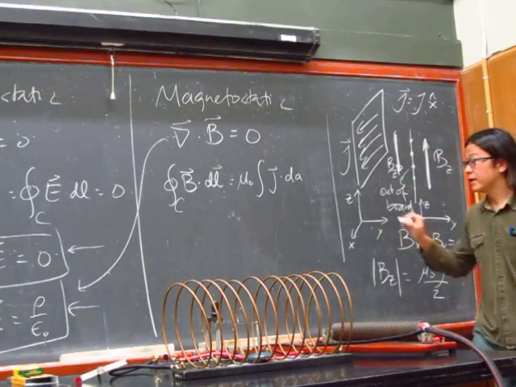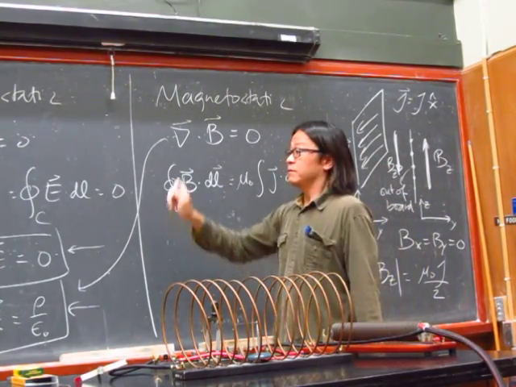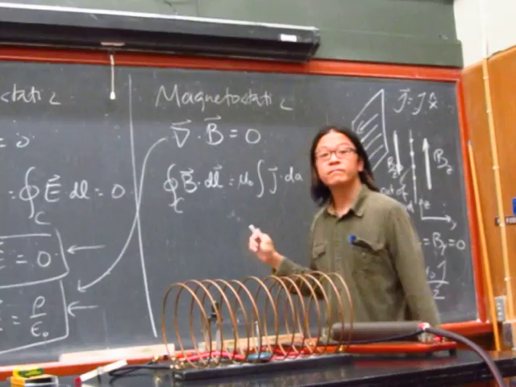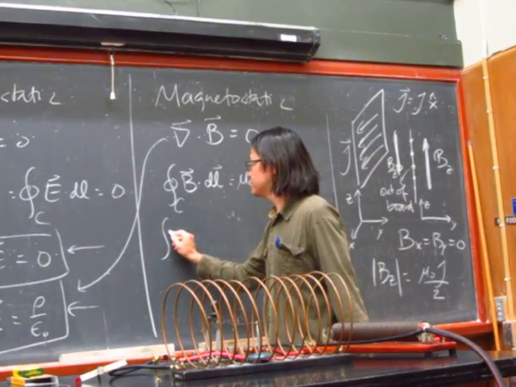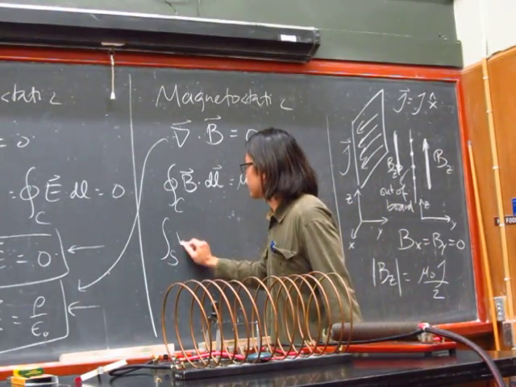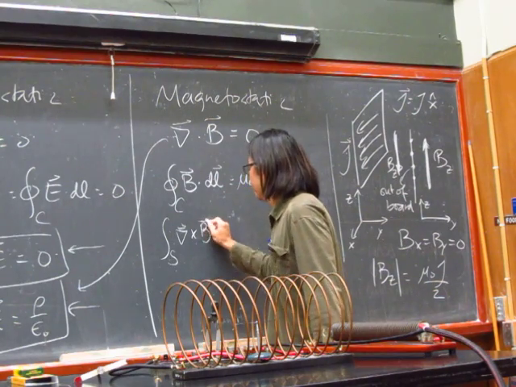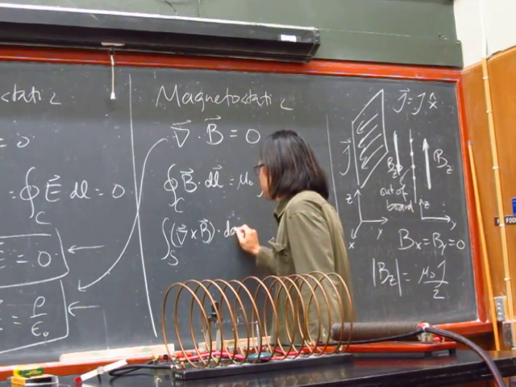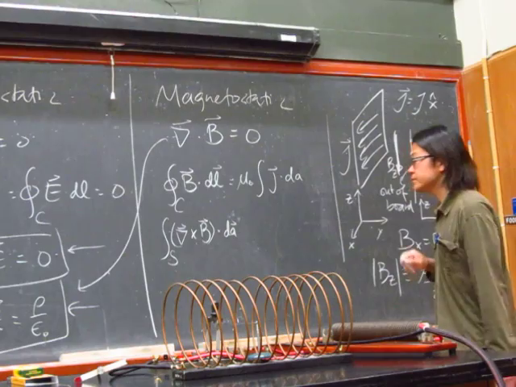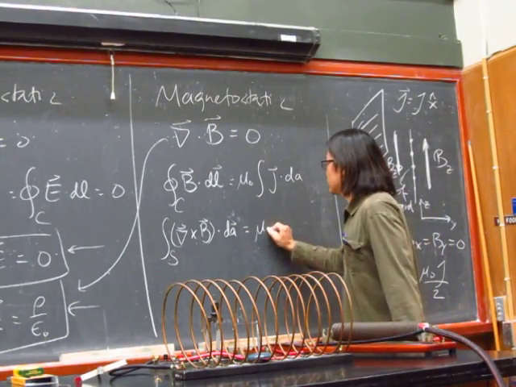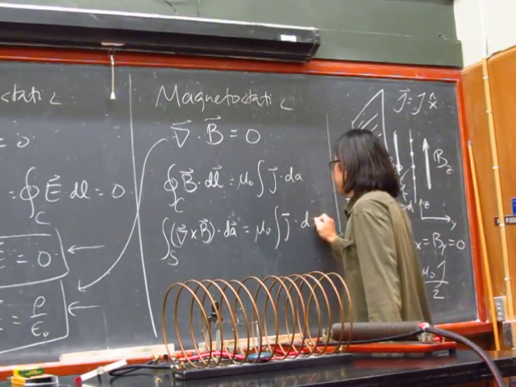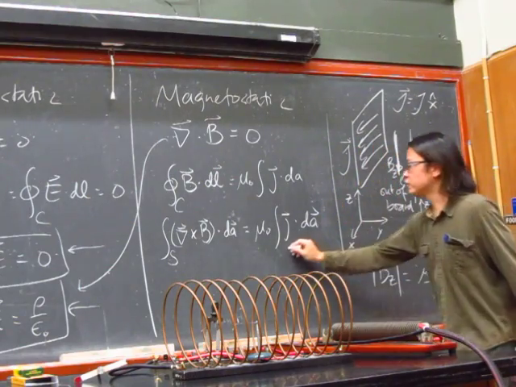But by Stokes' theorem, the left-hand side is just the surface integral of the curl of B dotted with dA, and it is equal to mu naught J dot dA.